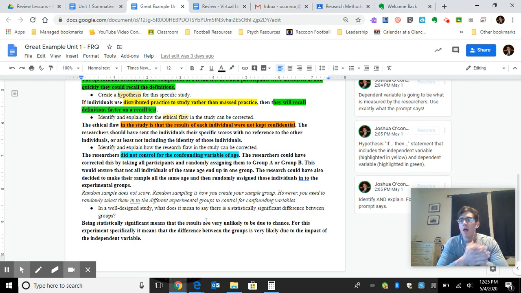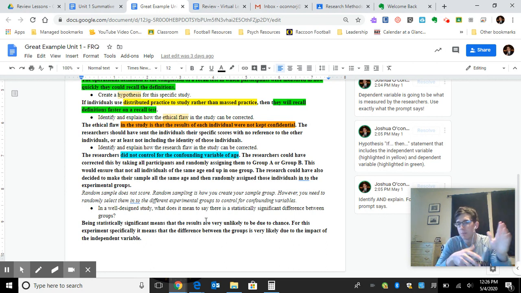Last one, a lot of you got half of this right because you somewhat applied it or had it correct, but then you didn't apply it to the actual experiment. So when we talk about statistically significant, that means that the results are very unlikely to be due to chance. So in this one, it said the difference between the two groups was statistically significant.